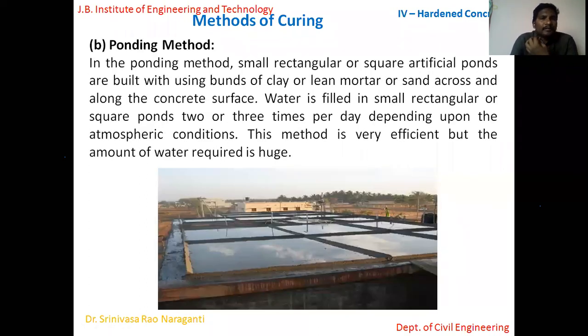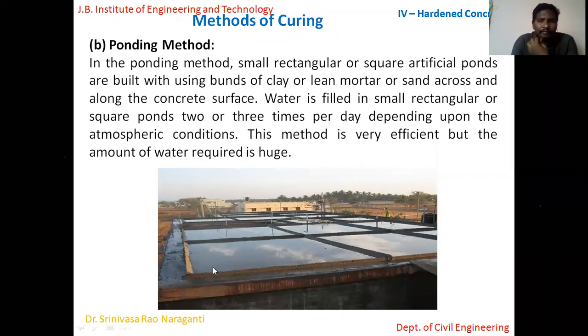Then the ponding method. This is the most used technique on site for residential buildings, even for concrete roads, most concrete structures. What we do is put up small ponds. Look here, this is done with cement plaster. You put cement mortar, then create artificial ponds, then fill them with water and let the water stay there for 28 days.